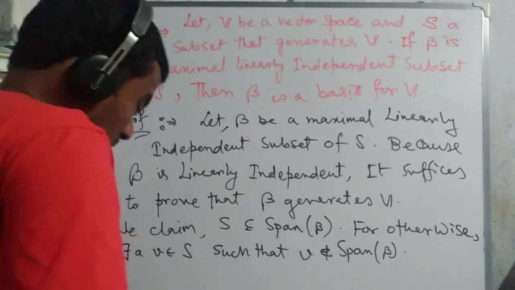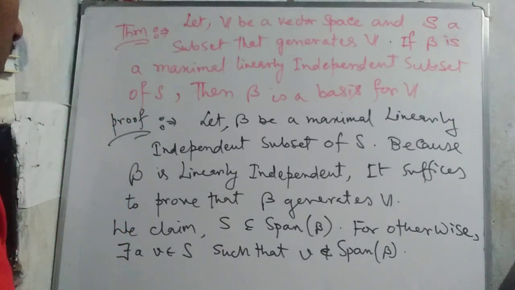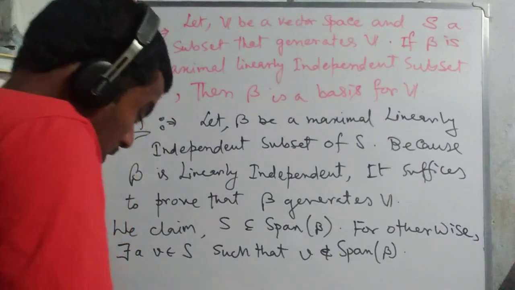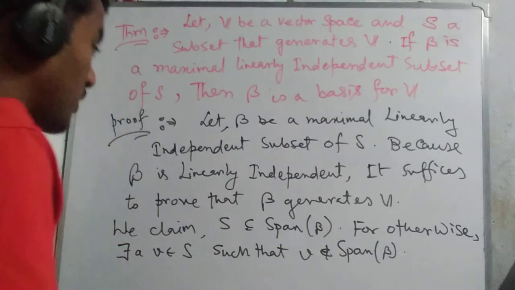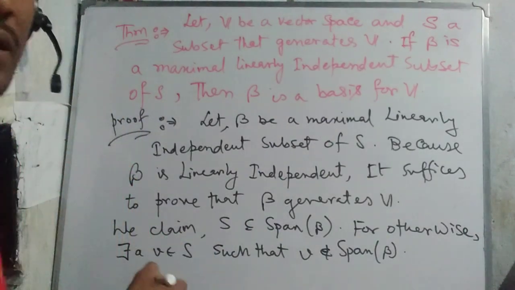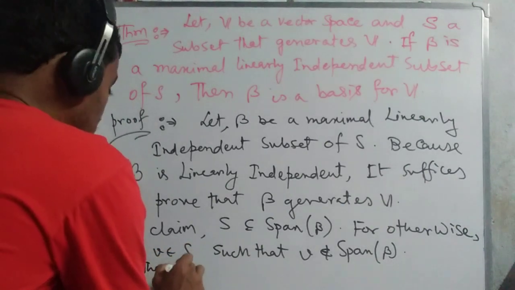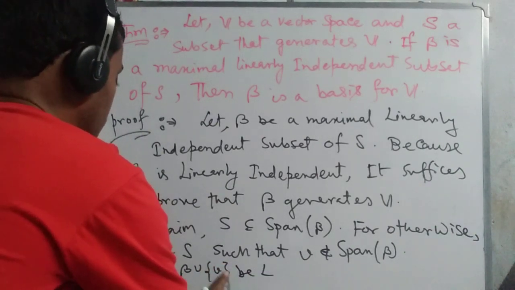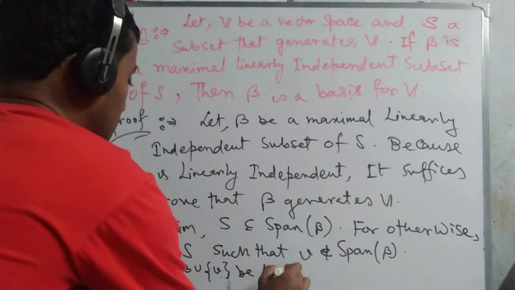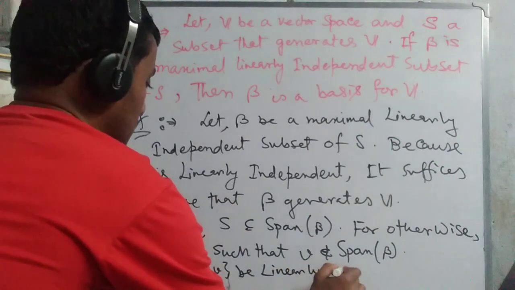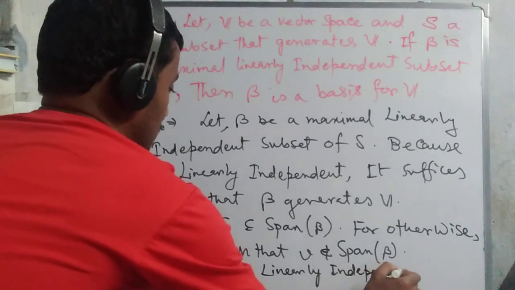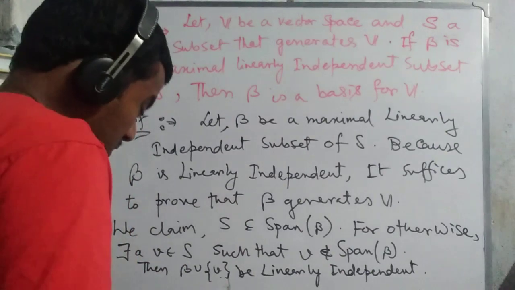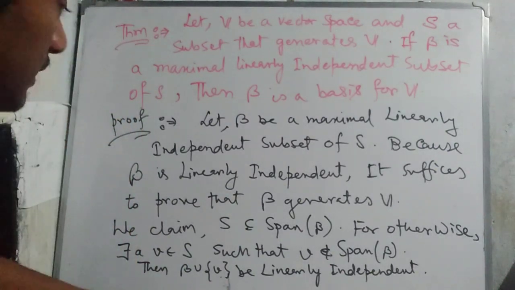Now obviously beta union v is linearly independent. If v does not belong to span of beta, then beta union v is linearly independent, understood? Then what happened? That means we have a contradiction of the maximality of beta.